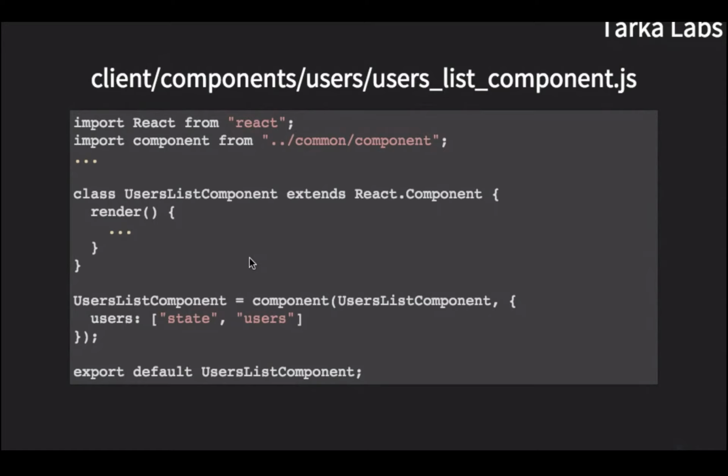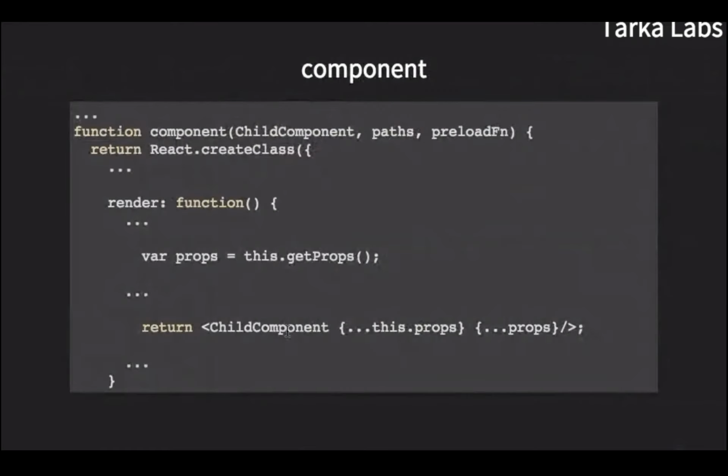If you look at state users, this is basically getting all the users in the app for painting that right column, the user list. Now, what we do inside the component method is to render the child component as a child to an anonymous component.